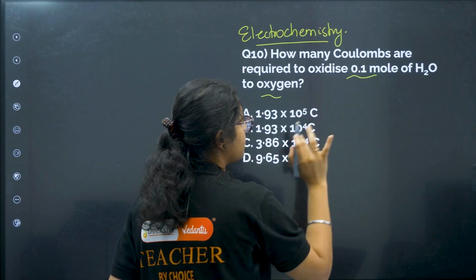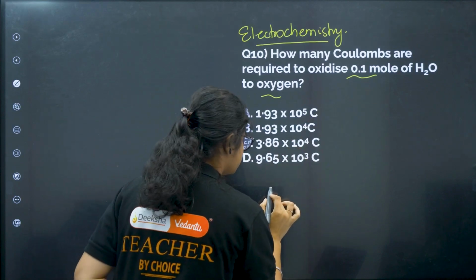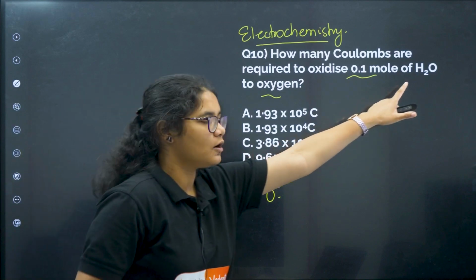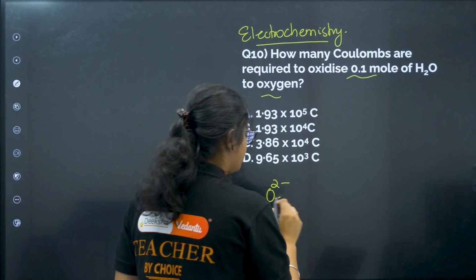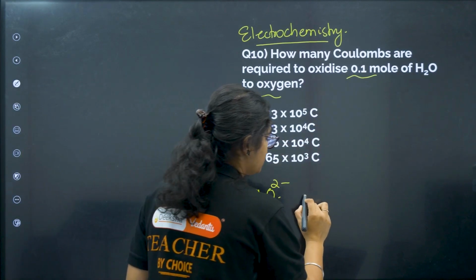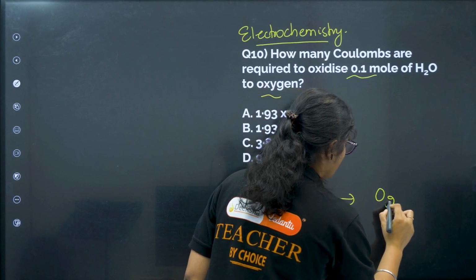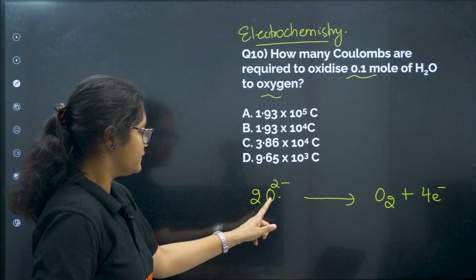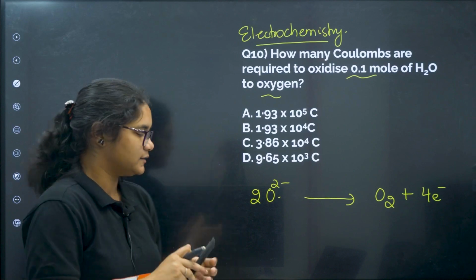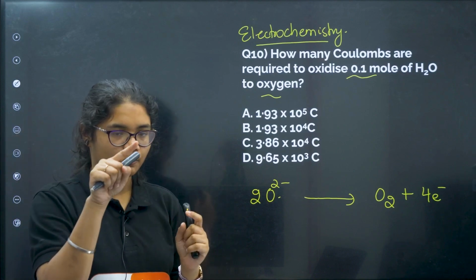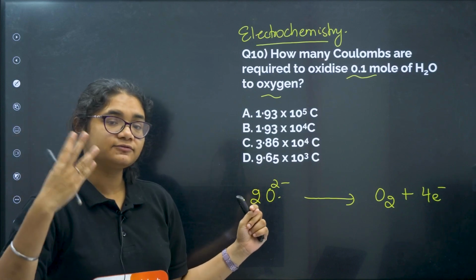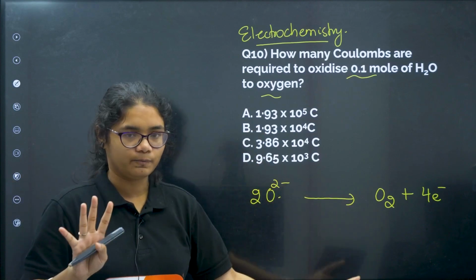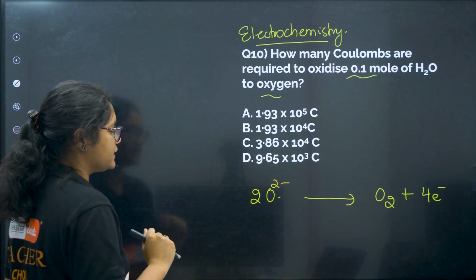There is 0.1 mole of water. So in water, what is there? O2 minus is present in the water molecule. Now what will happen if you take 2 O2 minus, and we'll get O2 by releasing 4 electrons. See, 1 O2 minus has to release 2 electrons to become O. 2 O2 minus will release 4 electrons to become another O. So these 2 O will combine to give you O2, right?